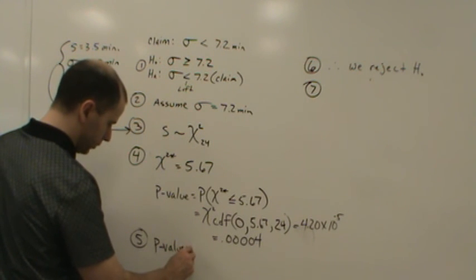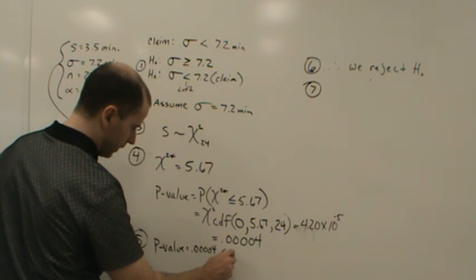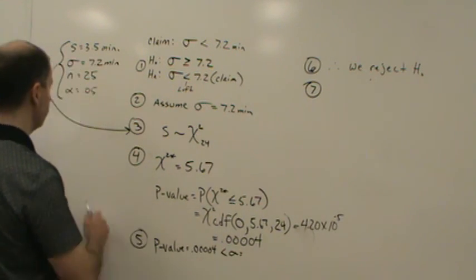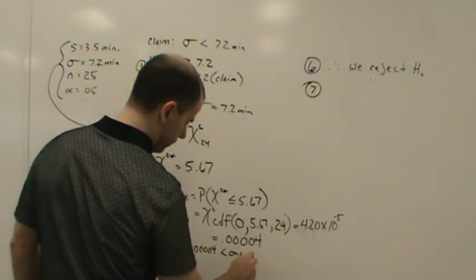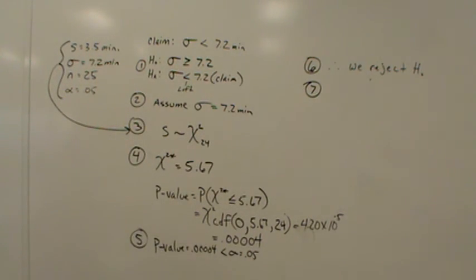The p-value is 0.00004, which is definitely less than alpha equal to 0.05. So again, we reject the null and our conclusion stays the same. That's how you do it, and those are the only two ways you can do this.